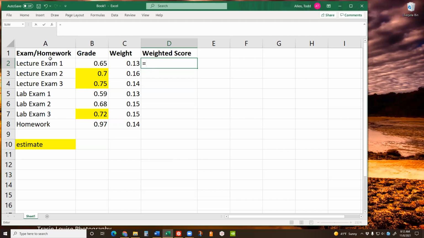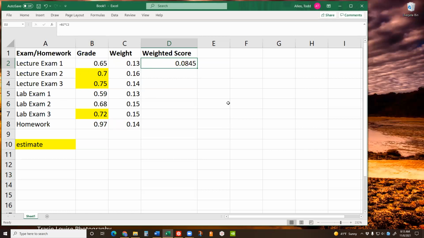I'm going to hit 0.65 here, and then I'm going to hit the multiplication key on my keyboard, the asterisk key. Then I'm going to hit 0.13 in the spreadsheet. So I have cell B2 times cell C2, and I'm going to hit enter, and it's going to give me a weighted score.